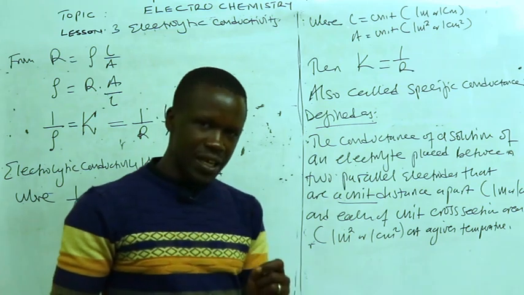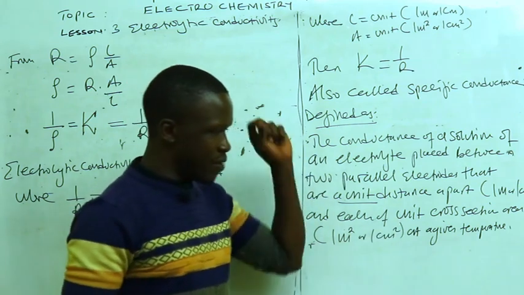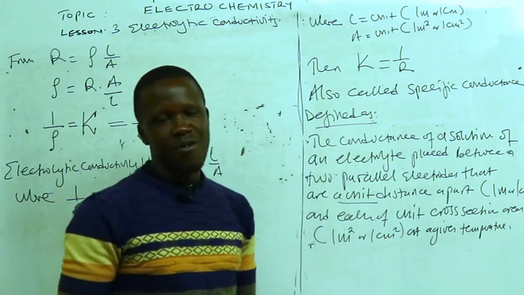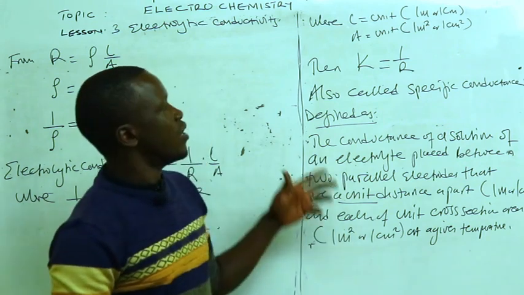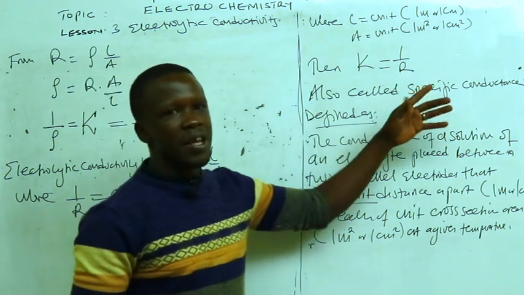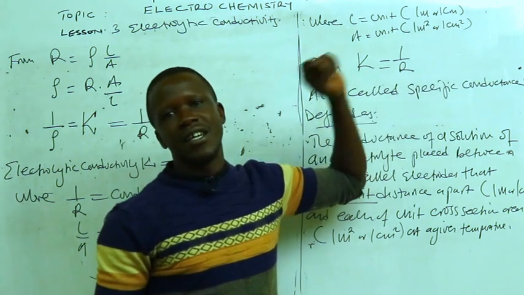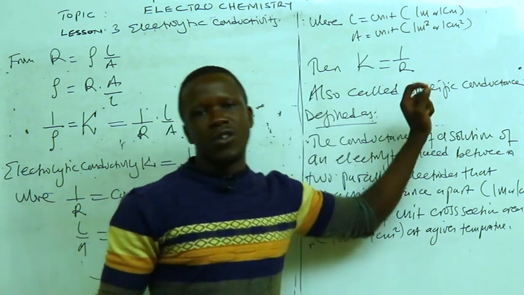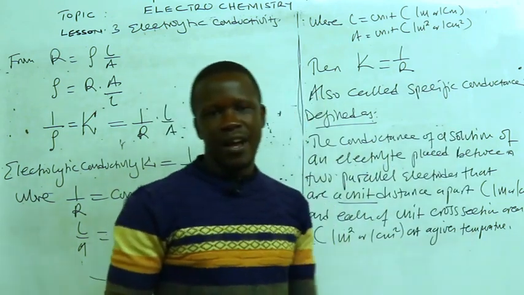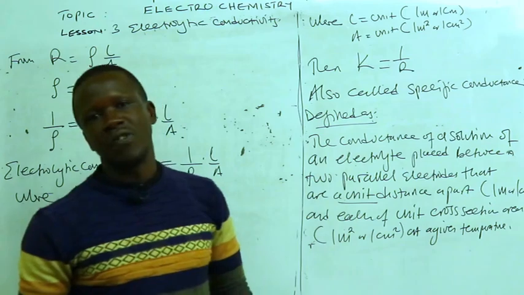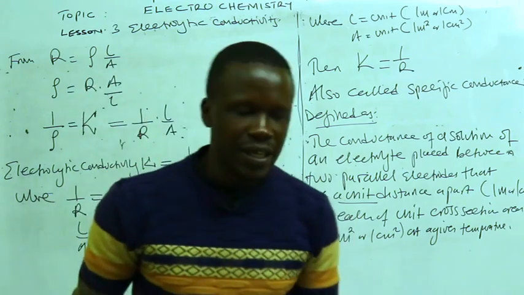And we said it can only be conductancy if the length is unit and the area is also unit, and sometimes it is called specific conductancy.